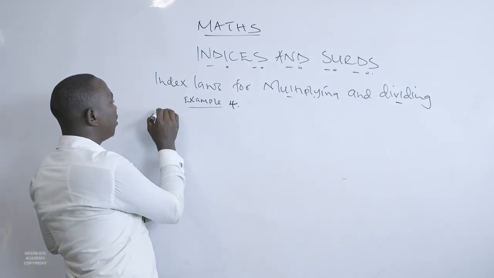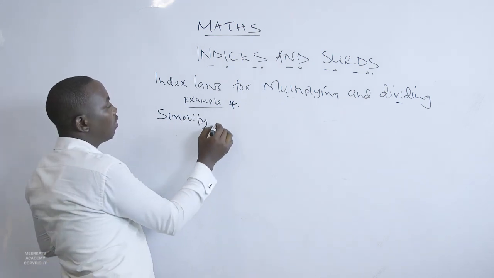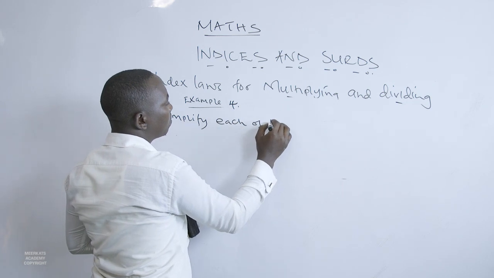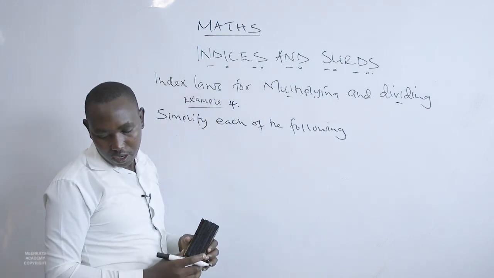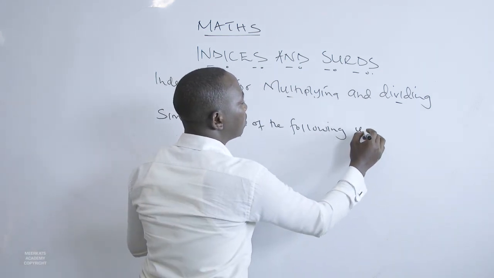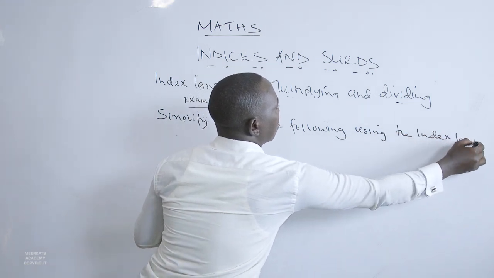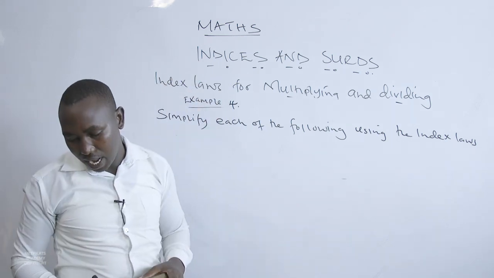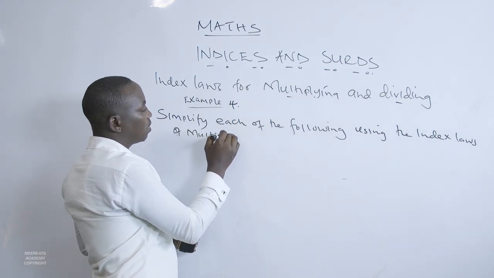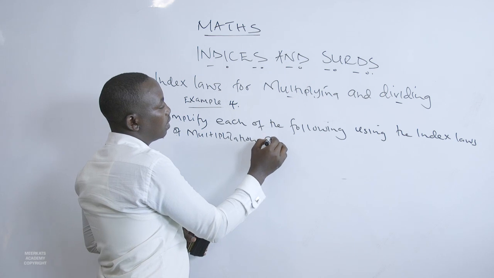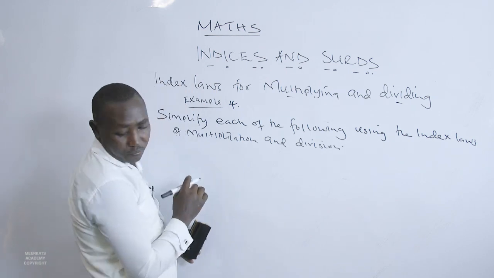So we are told simplify each of the following using the index laws of multiplication and division.